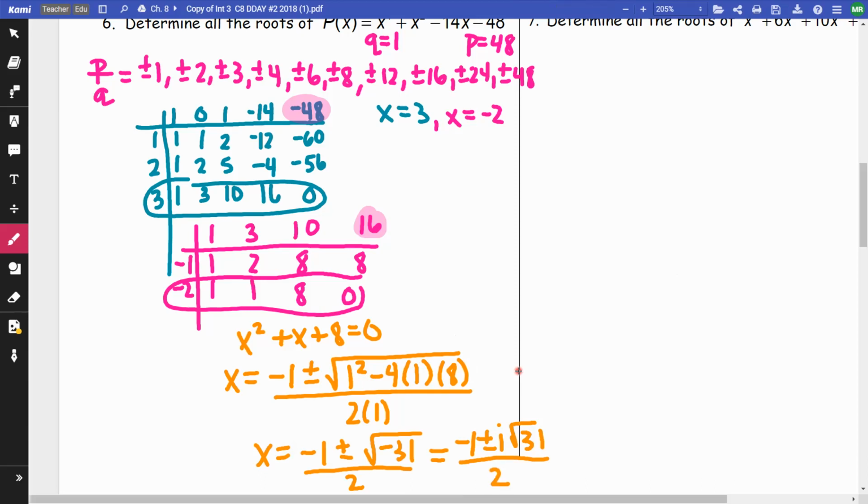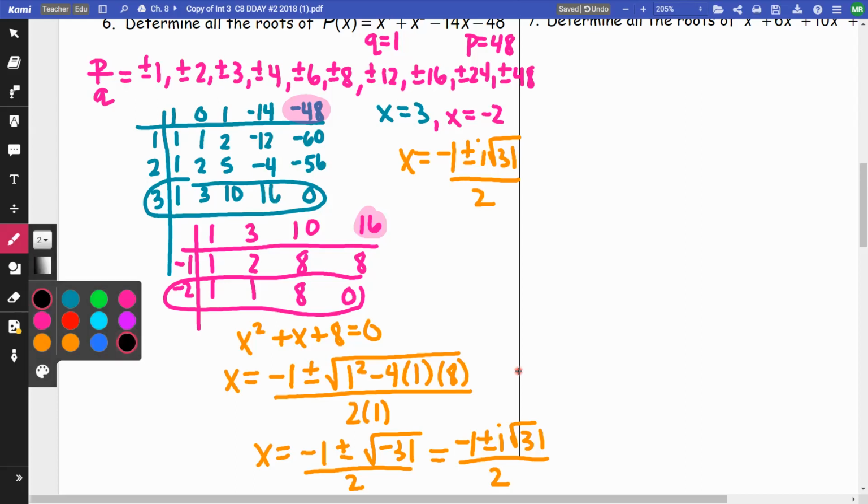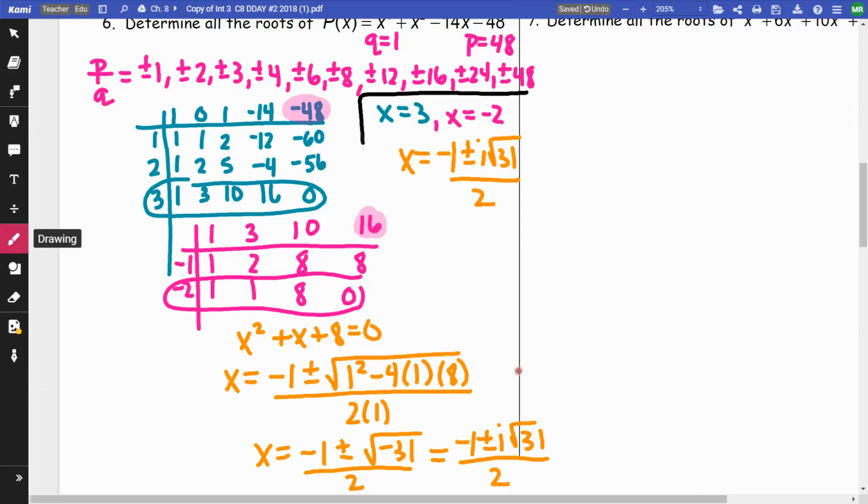And those are going to be my other two answers. So I'm going to have x equal -1 plus or minus i root 31 all over 2. And those are my two answers. They're complex conjugates. And then I have my 3 and my -2.